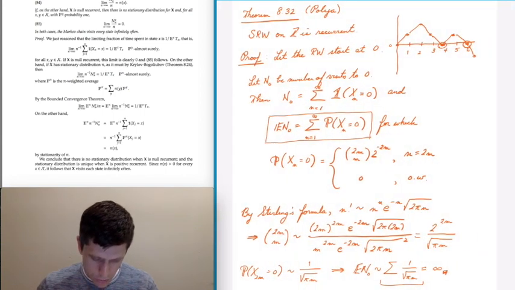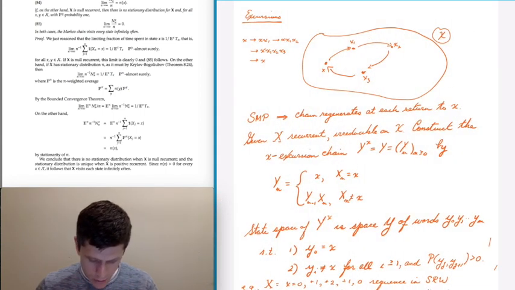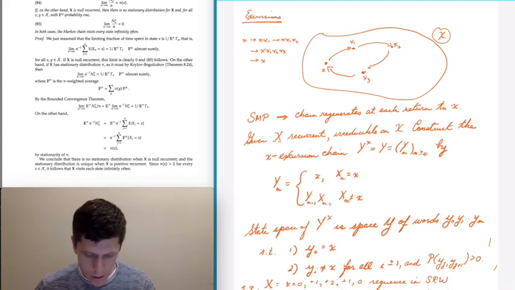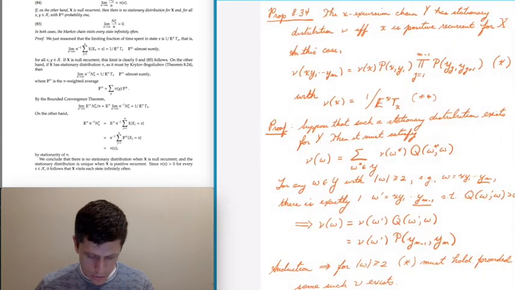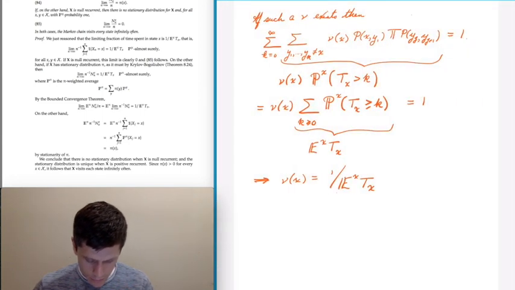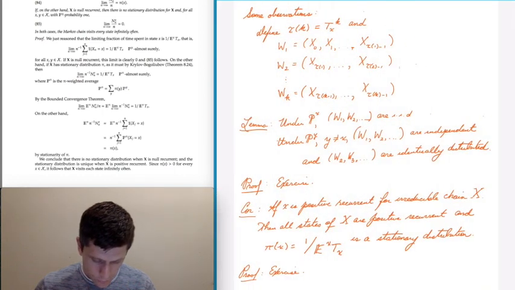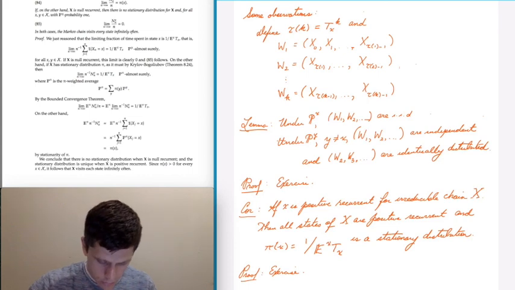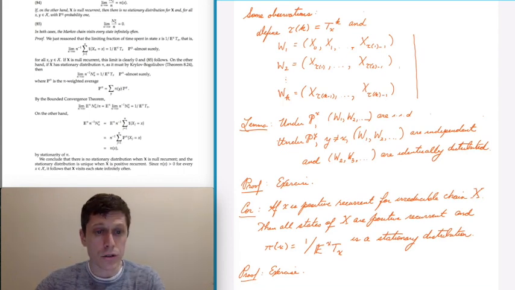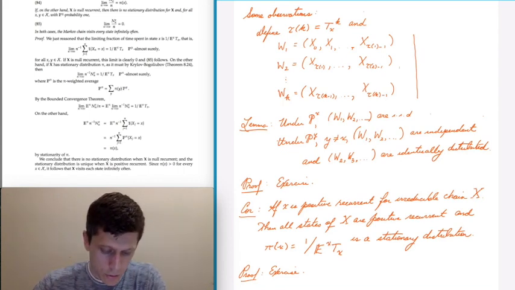In order to do that, we're going to make use of a few things: our excursion chains, and also the observations that we made here that were left as an exercise, about sequences of words constructed using the sequential hitting times, tau k. So we're going to make use of that as well.